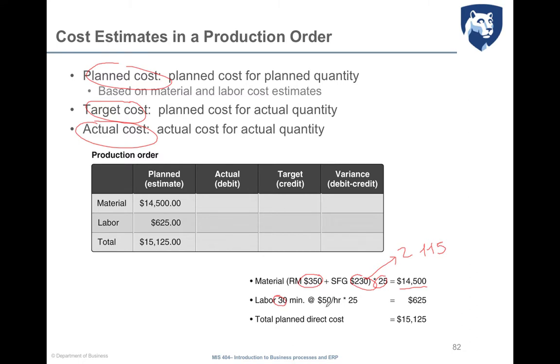So if we transform this in minutes, this means $25 for 30 minutes. So we just have to multiply this for 25, and we obtain $600.25. If we sum up these two values, we obtain that the total planned direct costs, so without considering overhead, in this case are $15,125, which are reported in the plan estimate cost sheet.